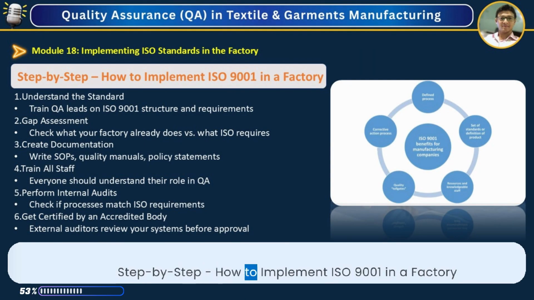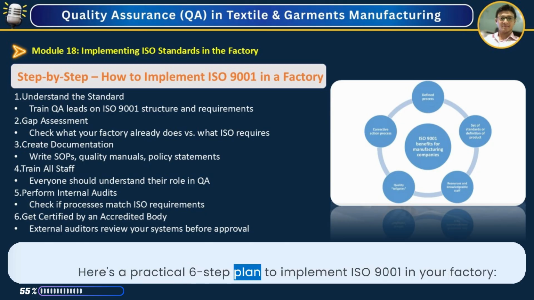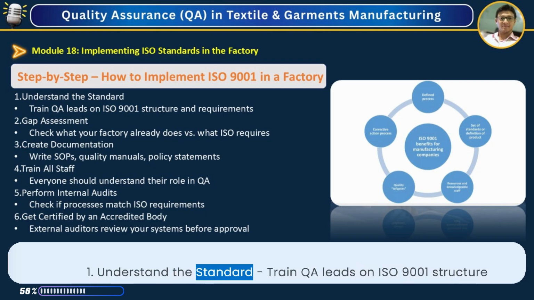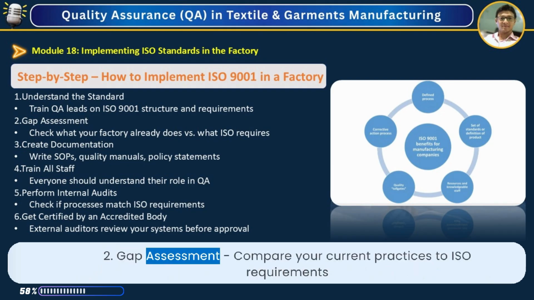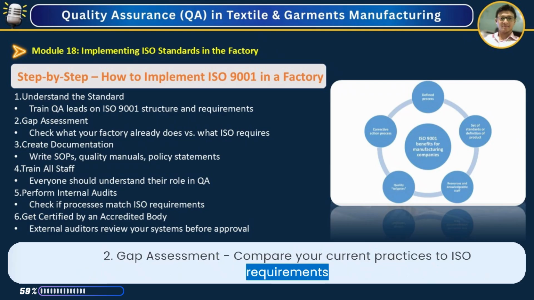Step by step, how to implement ISO 9001 in a factory. Here's a practical 6-step plan to implement ISO 9001 in your factory. 1. Understand the standard. Train QA leads on ISO 9001 structure. 2. Gap assessment. Compare your current practices to ISO requirements. 3.